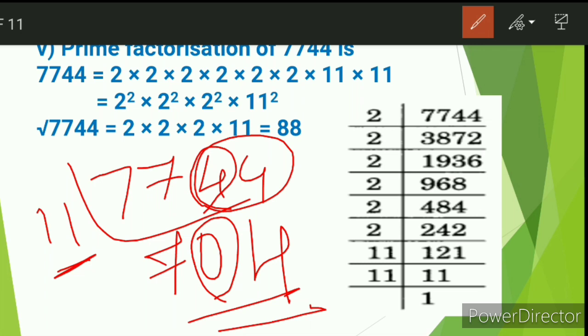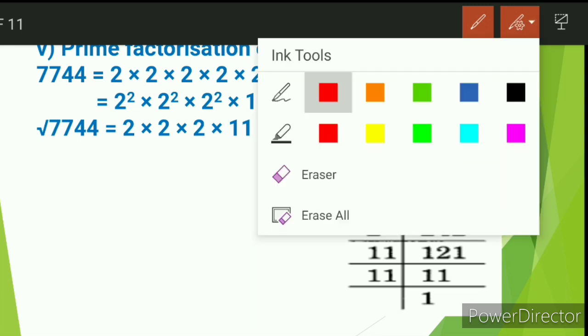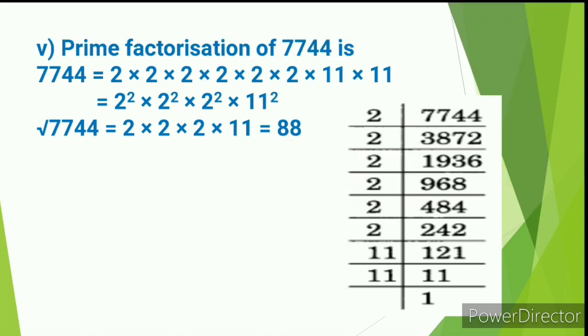If you write 74, it is wrong. One digit at a time we should divide. Better you start with 2, because it is an even number divisible by 2. If you proceed like this, you will get all the factors; write them in product form, then square form, then the square root.